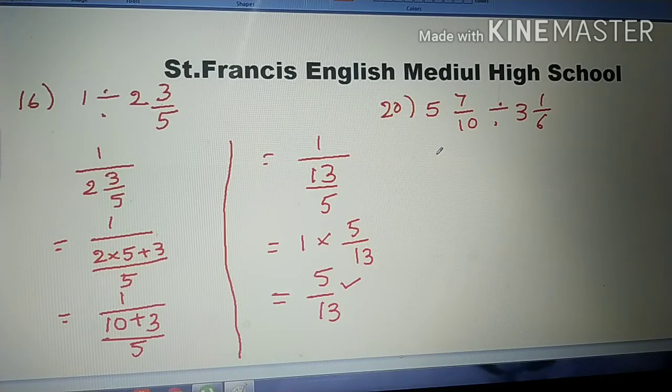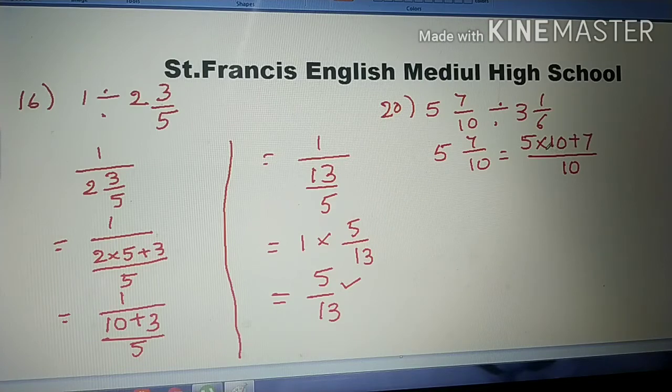So now for this one I am writing differently. Okay, so individually I am solving mixed fractions into improper fractions. Now how can we convert this one? 5 into 10. Okay, that is denominator 5 into 10 plus 7 divided by denominator 10.